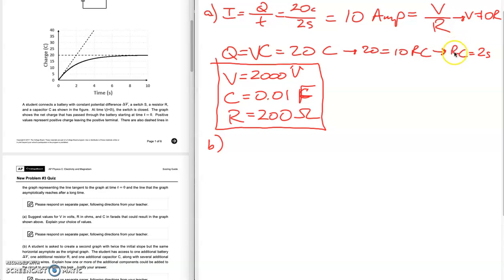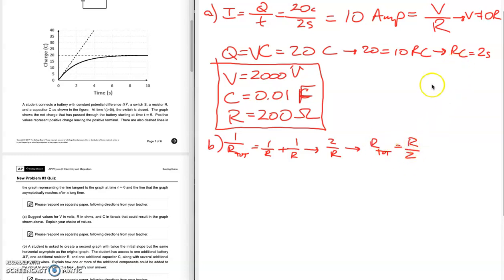And the way you reduce resistance is by adding a resistor in parallel. So 1 over R total is going to be 1 over R plus another 1 over R, which gets us 2 over R. So when we flip these upside down, our total is going to be R over 2.